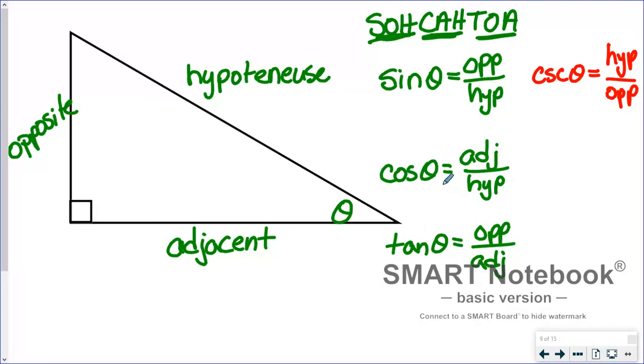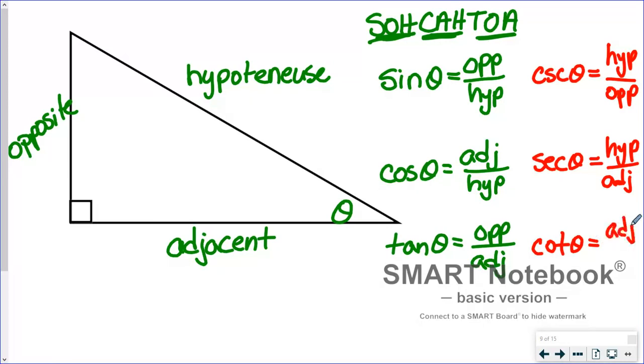The reciprocal of cosine is secant, and of course we just flip. So that would be hypotenuse over adjacent. And the reciprocal of tangent is cotangent. Of course, we just flip these.